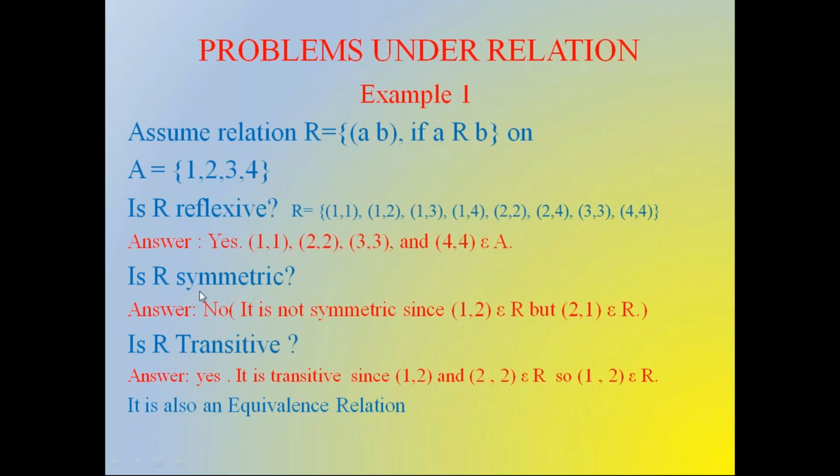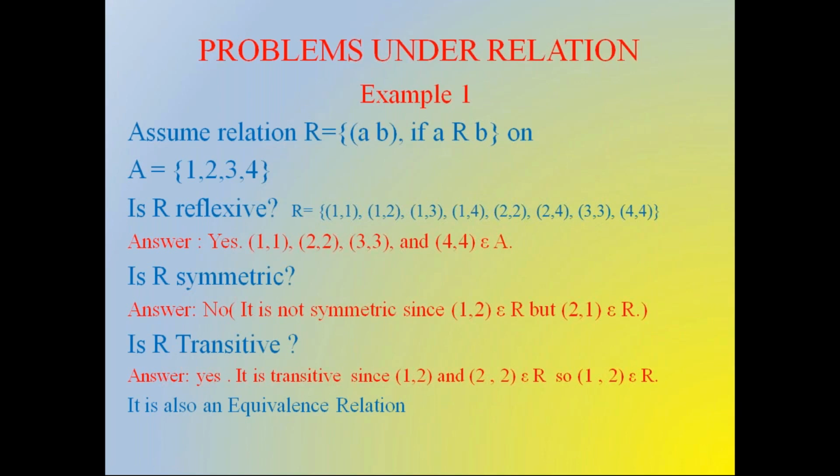Second one, our question is: is R symmetric? Answer: no. It is not a symmetric relation, since in the relation set, for (1,2), (2,1) must appear, or for (1,3), (3,1) must appear. If (1,4), then (4,1) must appear. (2,2) means the same pair (2,2). Except for the same numbers, if (2,4) is there, then (4,2) must appear for it to be called symmetric.